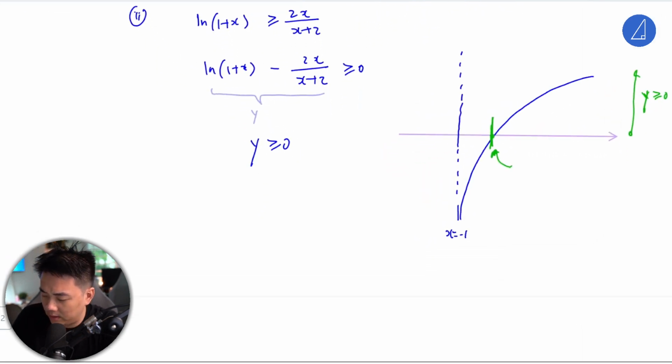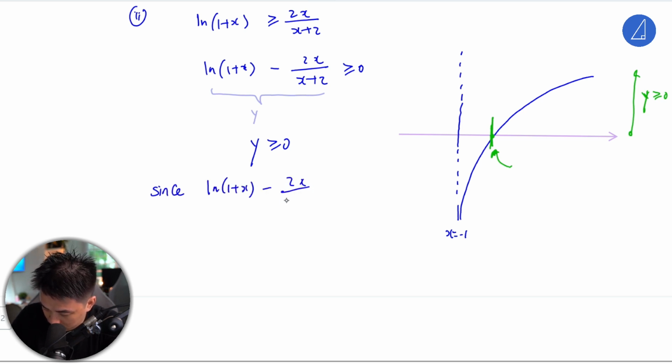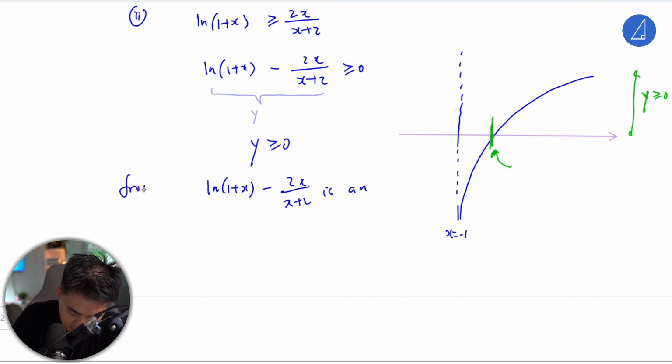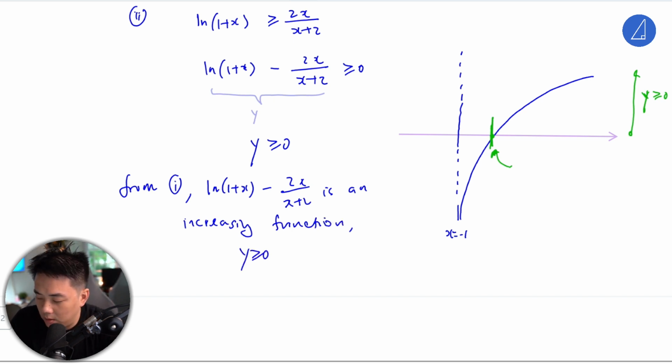So you say that since y is an increasing function from x = -1, for y to be at least 0, we need to find the x-intercept.